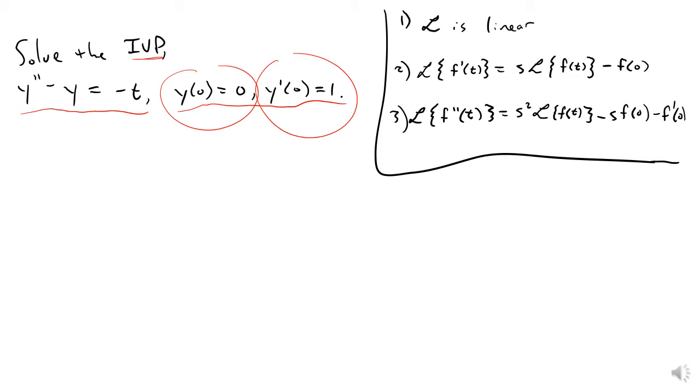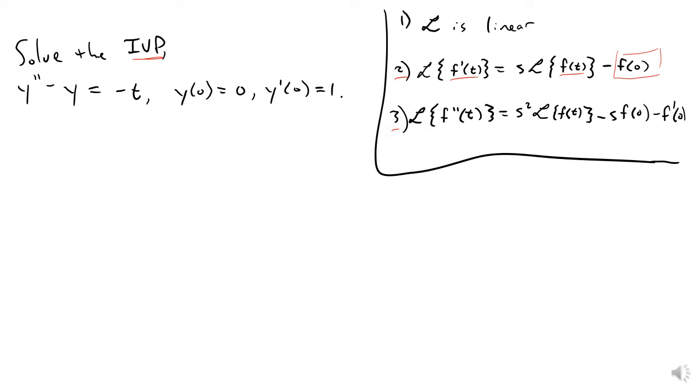The reason is, if you look at the properties of the Laplace transform that I have written up in the top right corner, you saw these properties in a previous lesson. In particular, properties 2 and 3 here, we've learned that the Laplace transform of the derivative of a function is equal to s times the Laplace transform of the function minus f of 0.